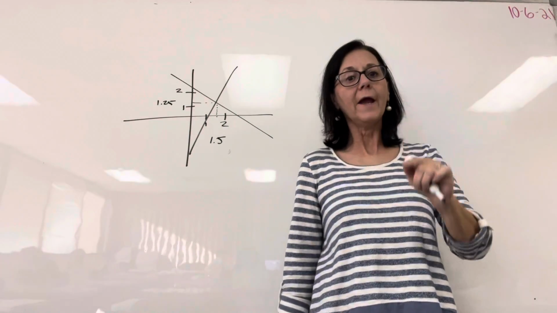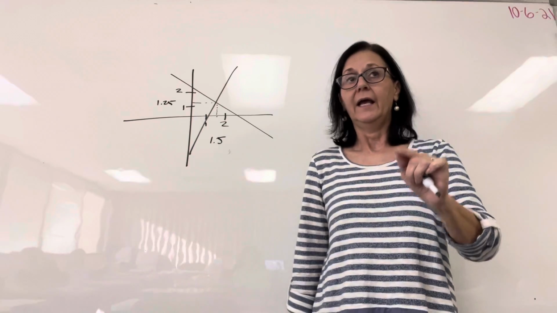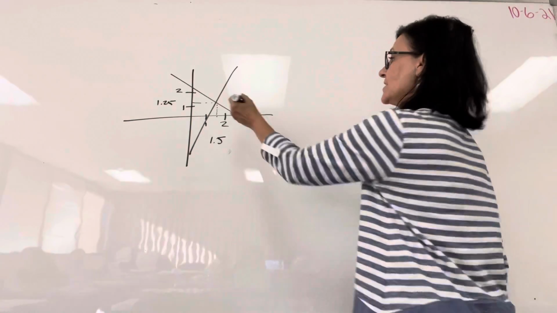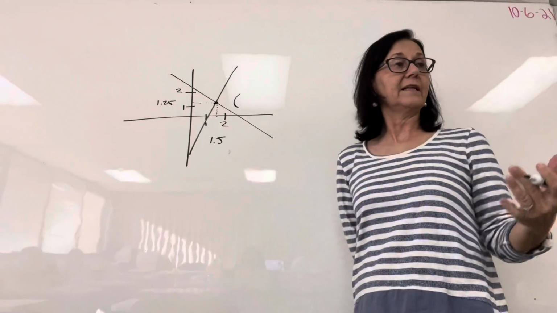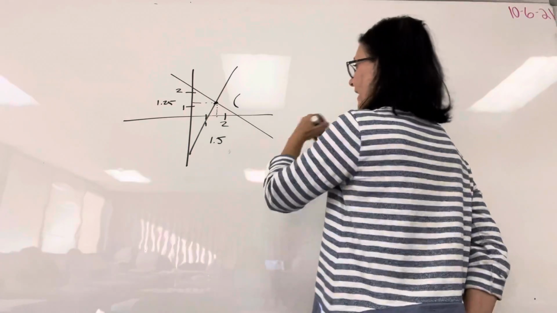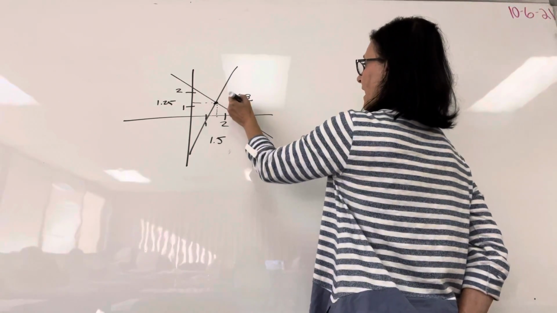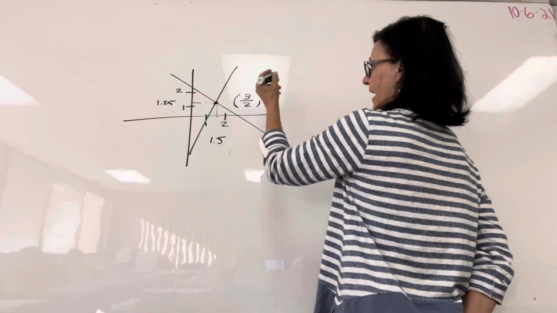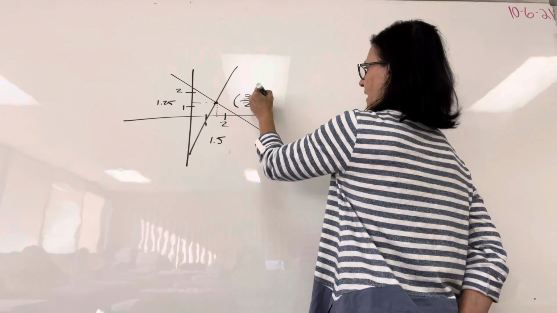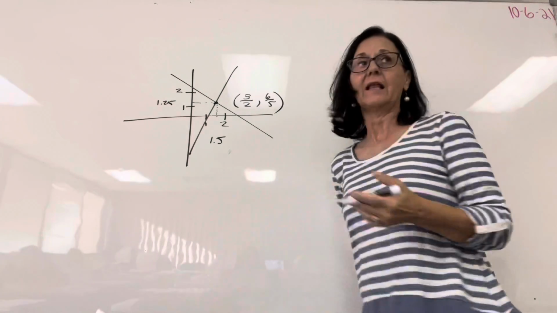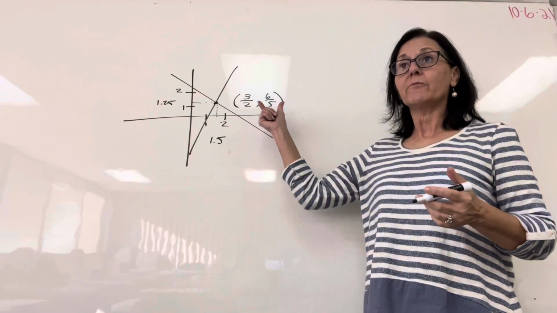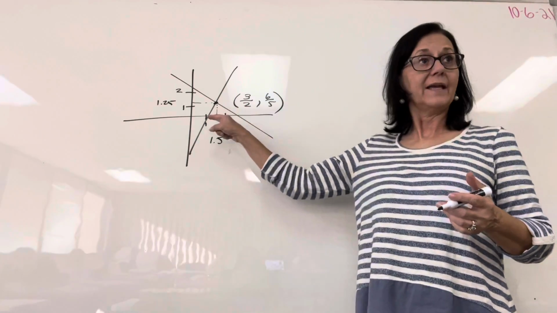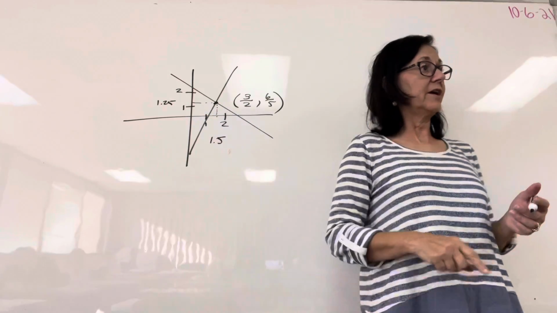But the whole point of this lesson is when we solve for this coordinate point through substitution and elimination, and we get a coordinate pair of, say, 3/2 and maybe 6/5, something like that, that this coordinate pair represents that point where those lines are concurrent.